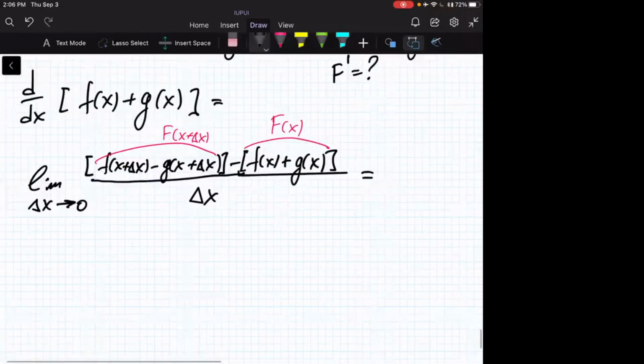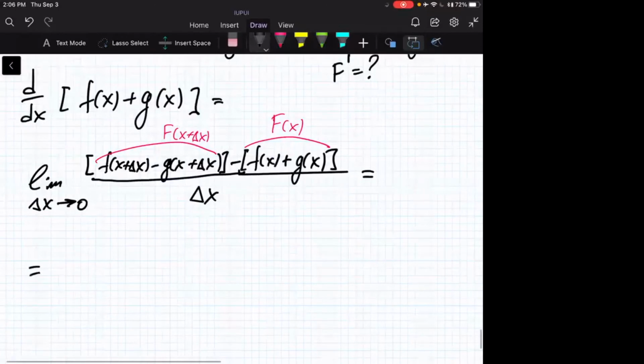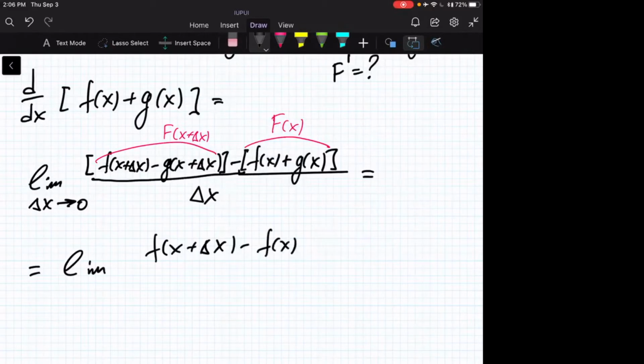But let's recombine the numerator. I will combine it in the following way: f of x plus delta x minus f of x, plus g of x plus delta x minus g of x.